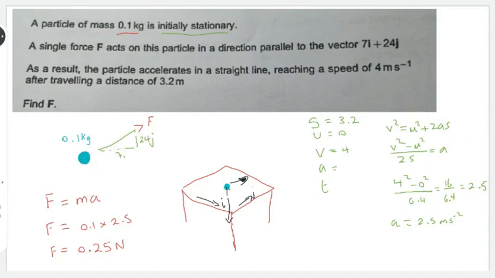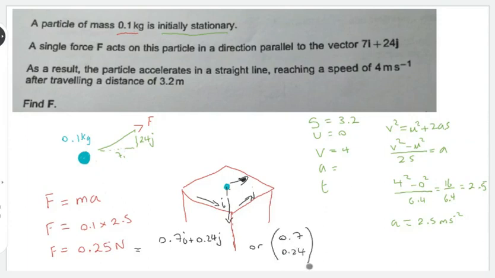So my thinking: I see this 7, 24, 25. If this is the magnitude of the force, the vector would have to be 0.7i plus 0.24j, or the vector (0.7, 0.24).